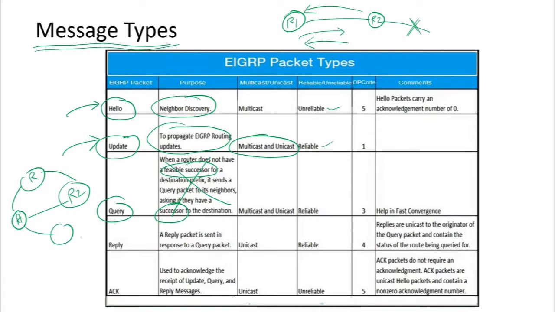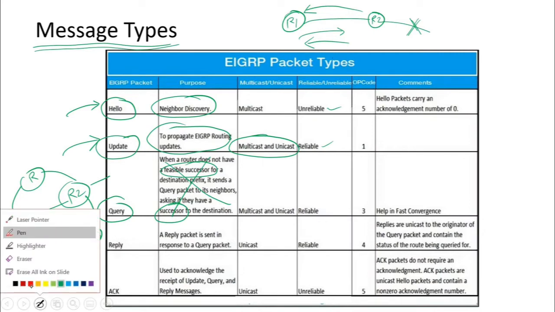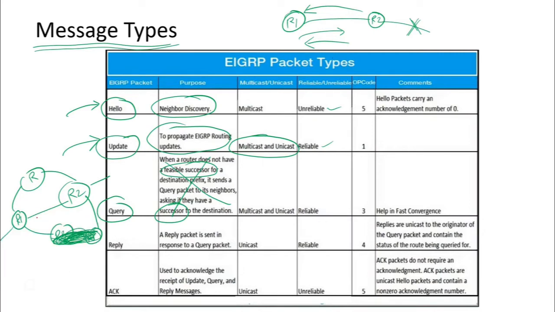Let's remove the third one, just two will suffice for our example. Let us suppose we have the best path, obviously, from R1 to R2, which is directly connected. This is the best path, right?